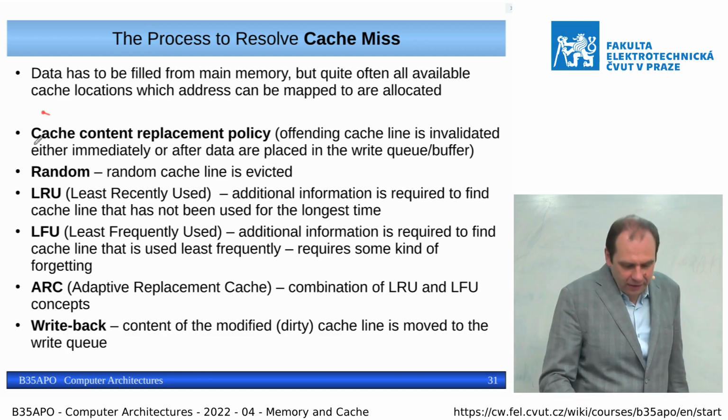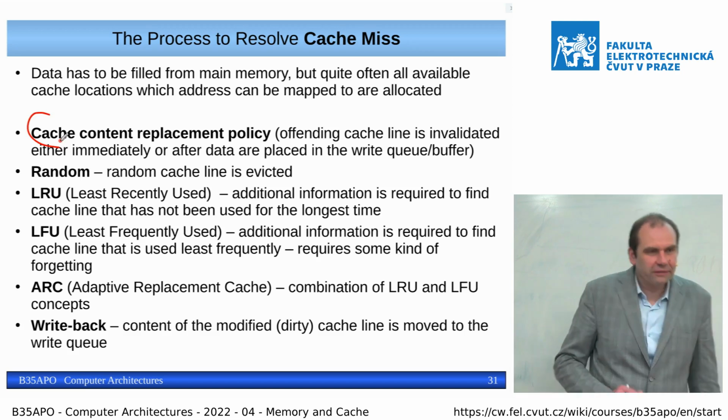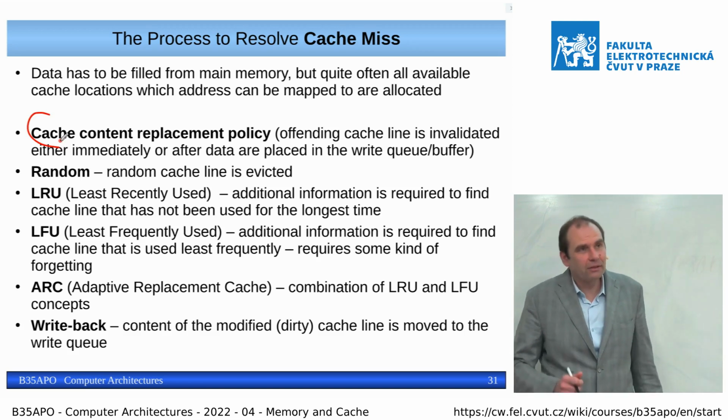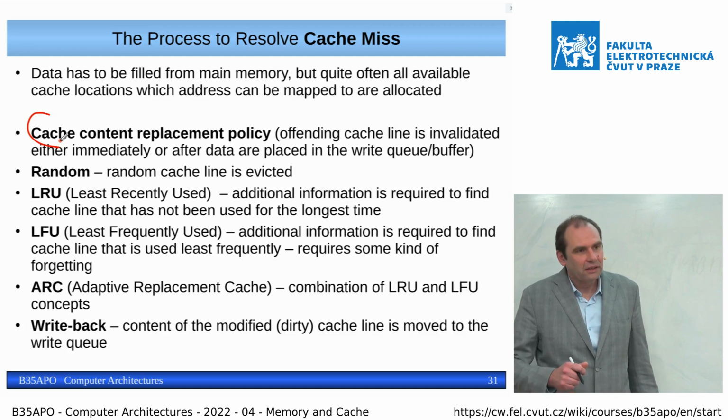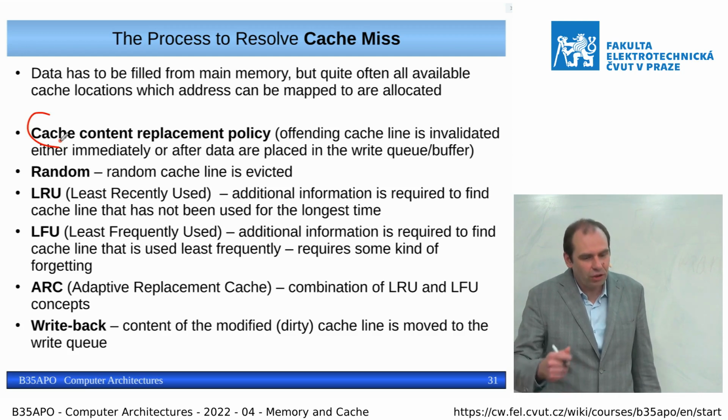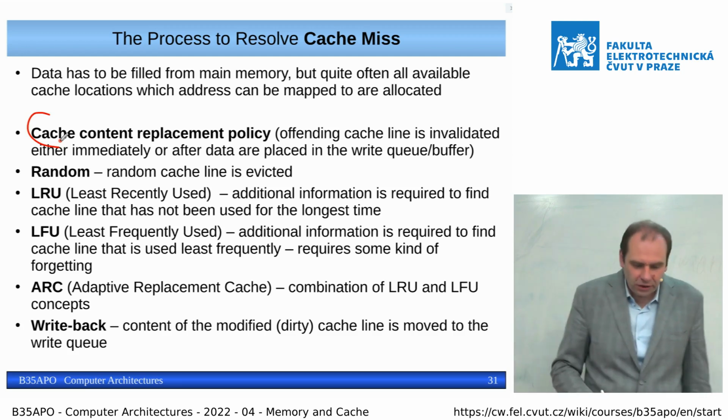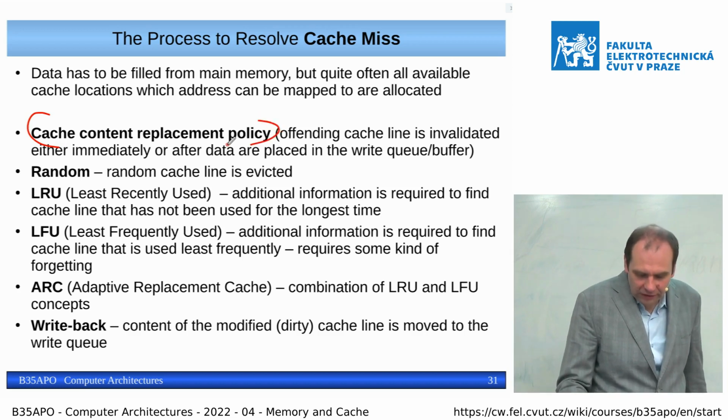The mechanism of selecting which data are probably not necessary for the computation in the short while in the future is called a cache content replacement policy.